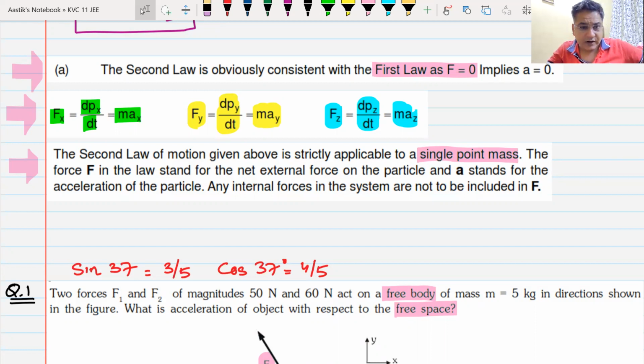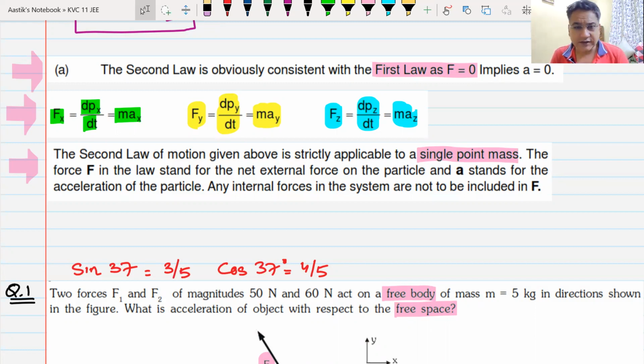Now, whenever we come across such questions, there is a simple process that we need to follow. It is not dramatically different. How do you find out the acceleration of the bodies which are constrained to move? So we'll write some steps.